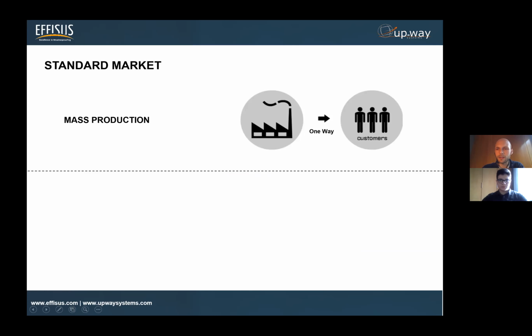And so, how we see the market nowadays. We call it the standard market, as the market is operating currently.